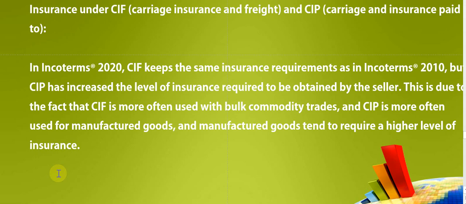But CIP is more often used for manufactured goods. Manufactured goods tend to require a higher level of insurance. In this case, the owner is not changed so often.